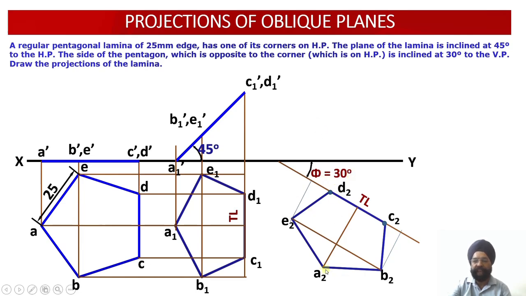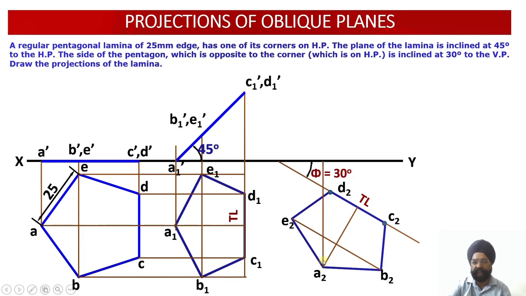So we have got 5 points A2, B2, C2, D2 and E2 in the top view. So the vertical projectors through all these 5 points, we are going to bring them upwards. Similarly, the horizontal projectors through these points, that is A1 dash, B1 dash, C1 dash, D1 dash and E1 dash, they will be drawn, and the corresponding points of the intersection will be worked out in the front view.